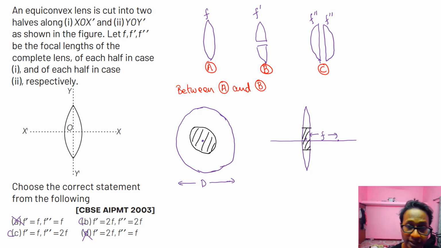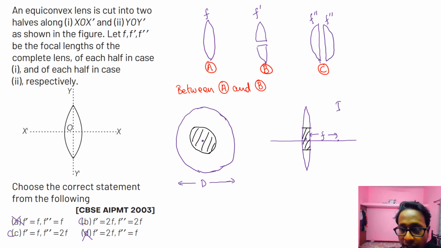But the intensity of the image formed out here will decrease. And how is it related?